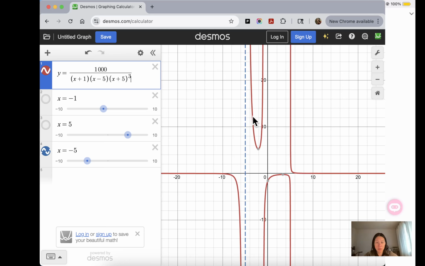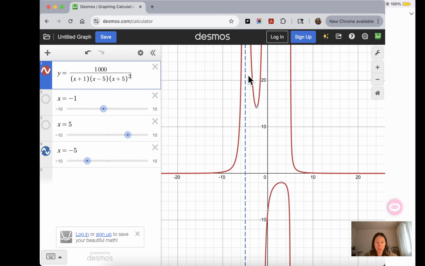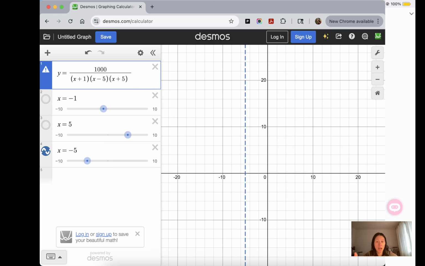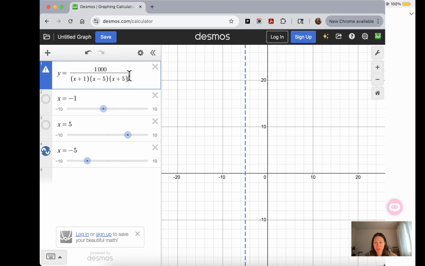With a multiplicity of 3, when the graph is nearby the asymptote, one side is going up and the other is going down. So they're in opposite directions. But if I change the multiplicity to 2, which is an even number, look, they both go up in the same direction. Now let me change this to 1, an odd multiplicity.